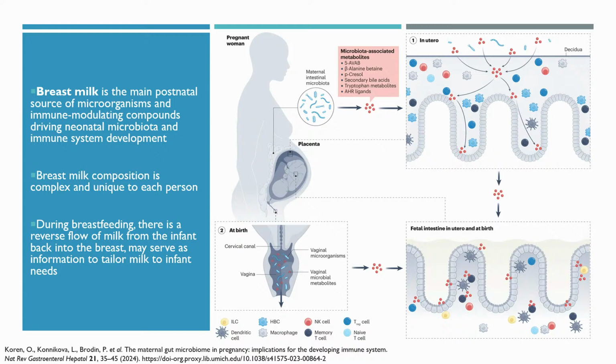There are studies that have shown that mom's breast milk develops based on what the baby really needs. During breastfeeding, it's a positive feedback loop. The infant has to suck in order for the mom to produce milk. There's a reverse flow of milk from the infant back into the breast, which can serve as information to tailor the milk to the infant's needs, which I think is really, really cool.